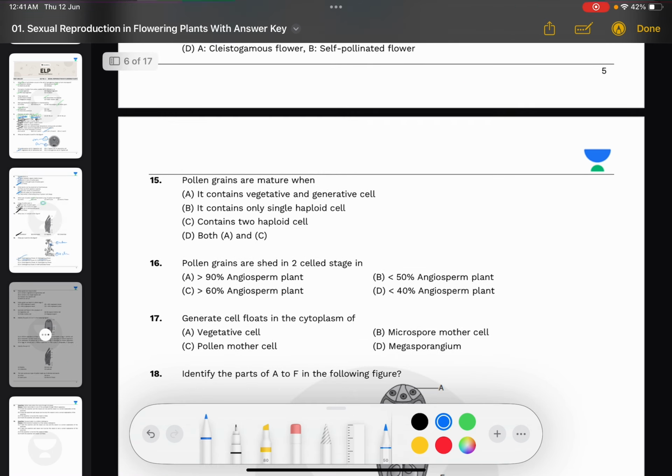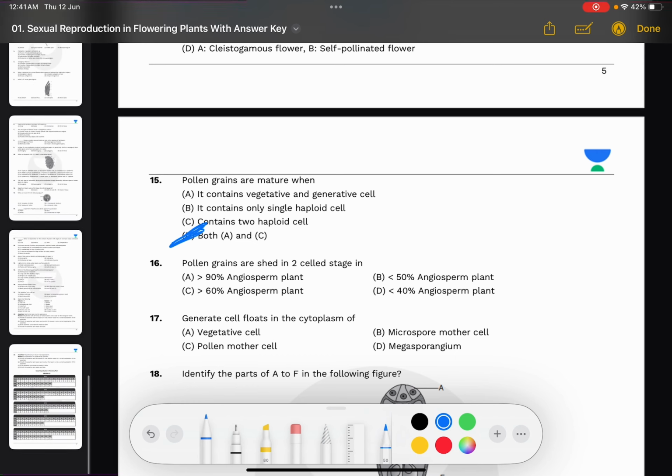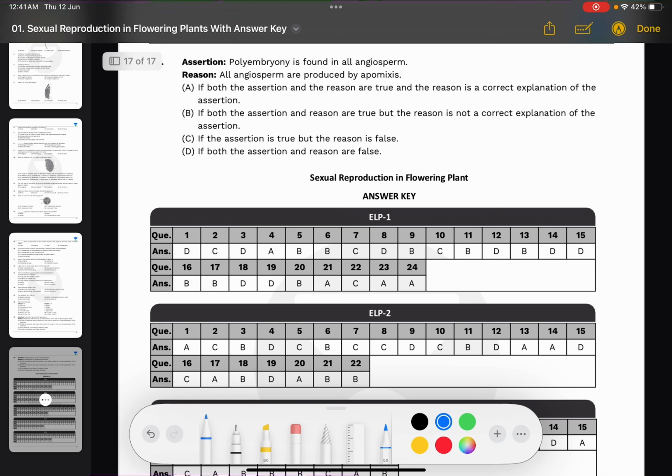Pollen grains are mature when they contain a vegetative and 2 generative cells. Option D is there of 15.